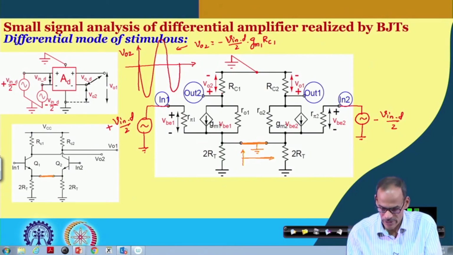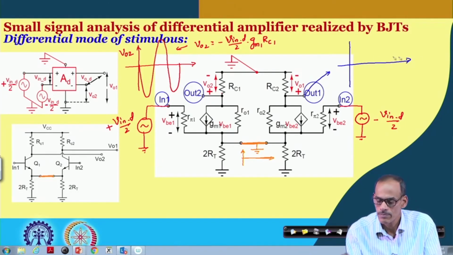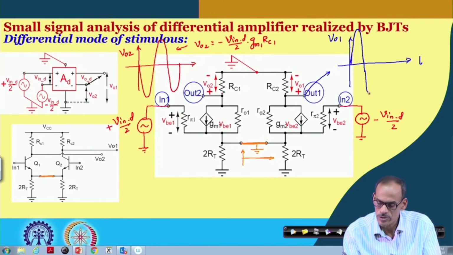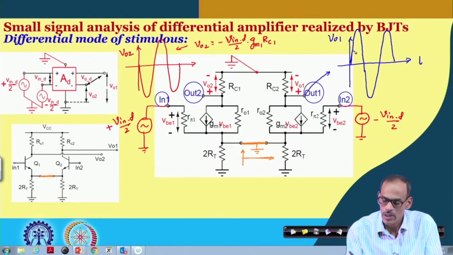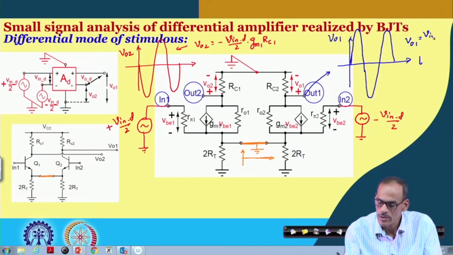Likewise, if you see the other side, we have VO1, which is in phase with the differential input, and the signal here is VO1 equals V in D by 2 GM2 into RC2.